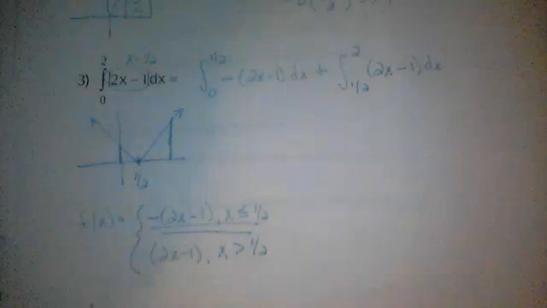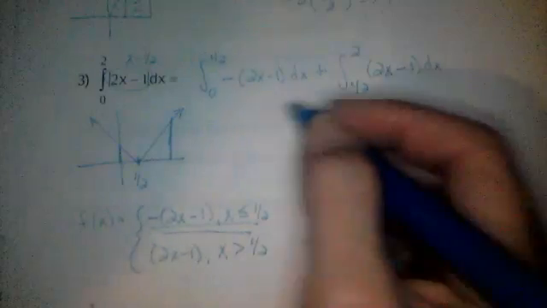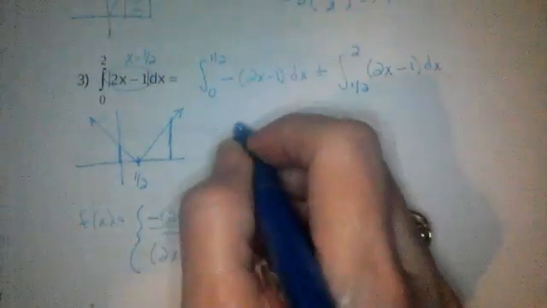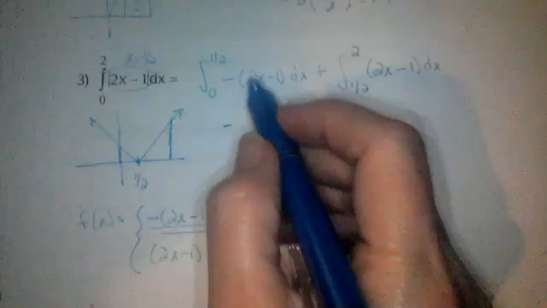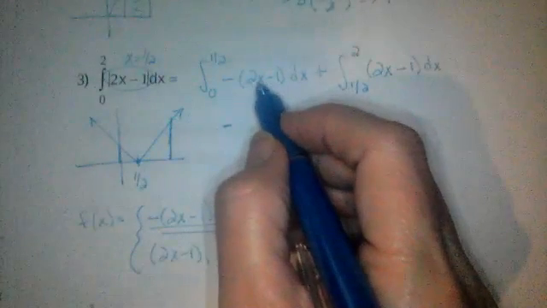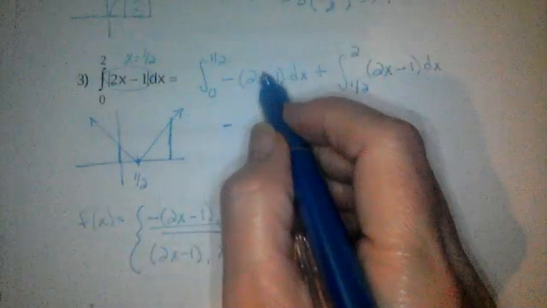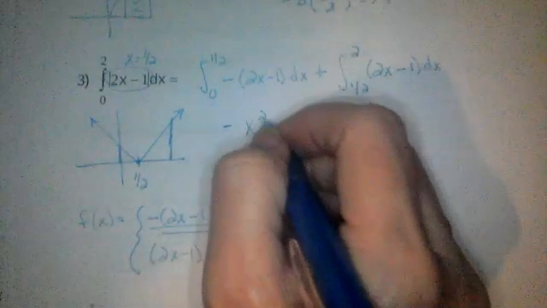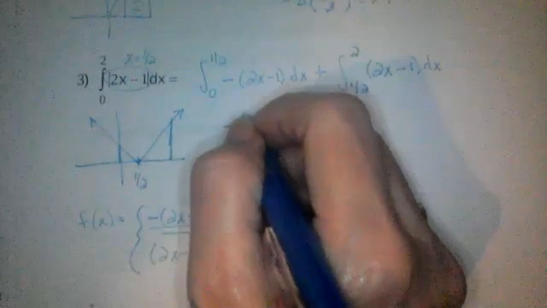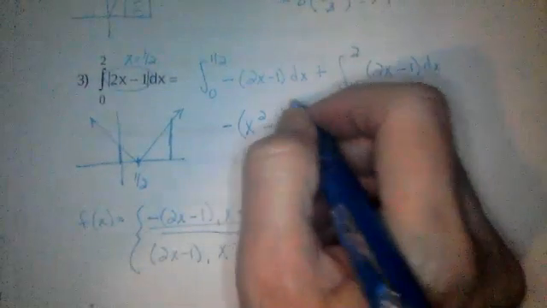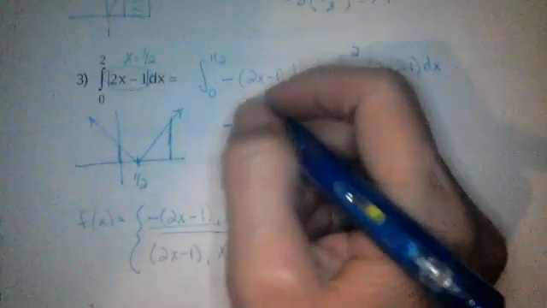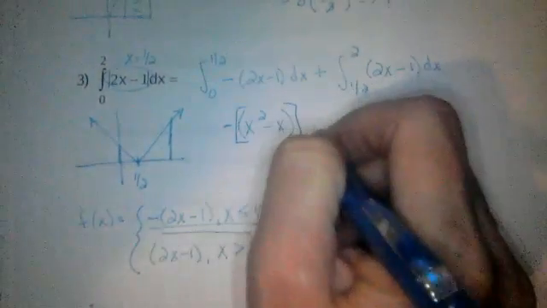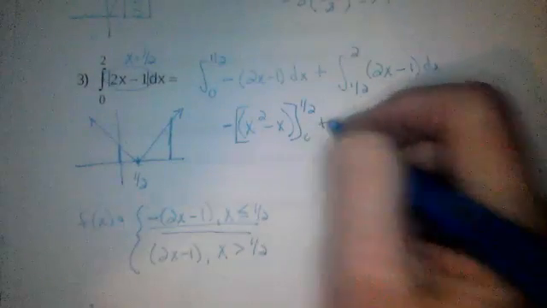So let's go ahead and integrate that. For this one, the negative is just like a -1, so we're just going to leave it out here. When we integrate this, we get 2 times x squared over 2, or just x squared, minus x. And that one we're supposed to evaluate from 0 to 1/2.